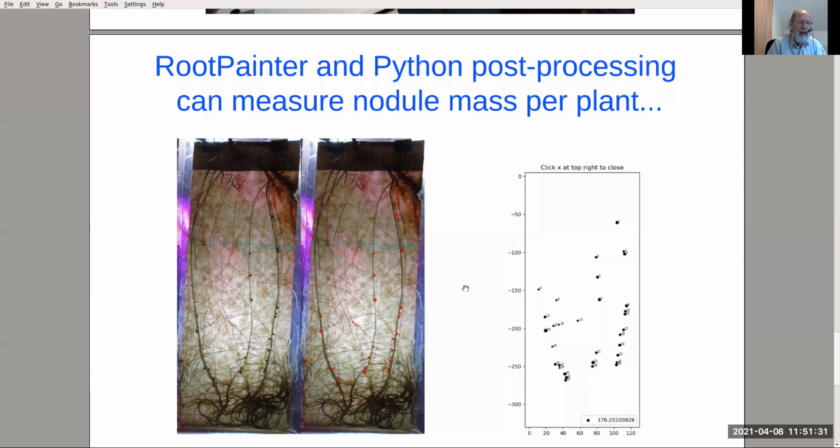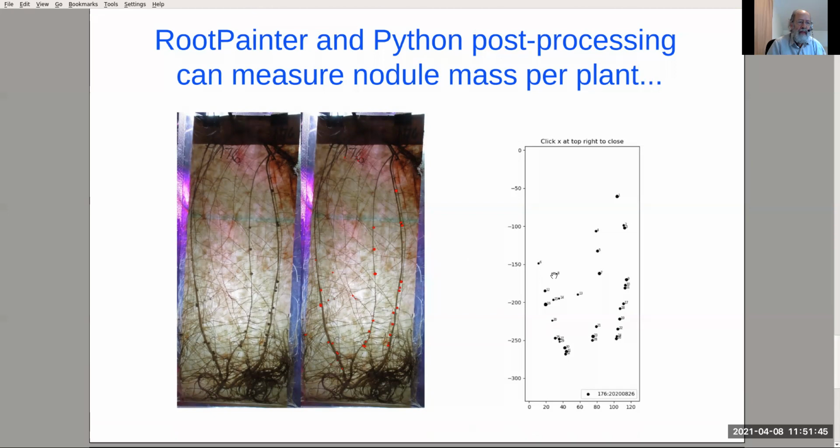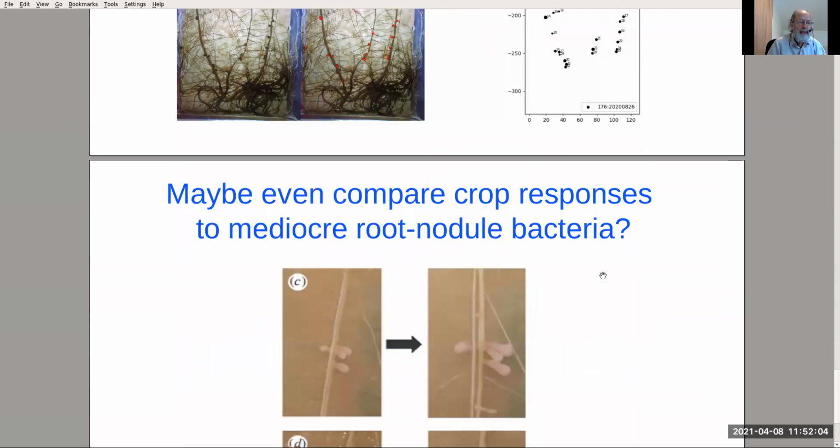And I'm actually trying to do a bit more with that and track the growth of individual nodules. So I could see, for example, if this nodule is not growing as fast, and it's because it has a mediocre strain of rhizobia in it relative to, say, this nodule there. That's what we want, a soybean variety that would let the good strain grow fast and shut down the bad strain.